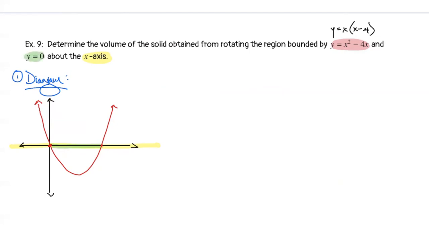That sort of tells us what we are revolving, okay? Now, again, I sort of like to help myself visualize what's happening. So I might say that when I revolve it, I'm going to end up with sort of this other piece. And this gives me a good idea of what the cross section looks like. Okay.